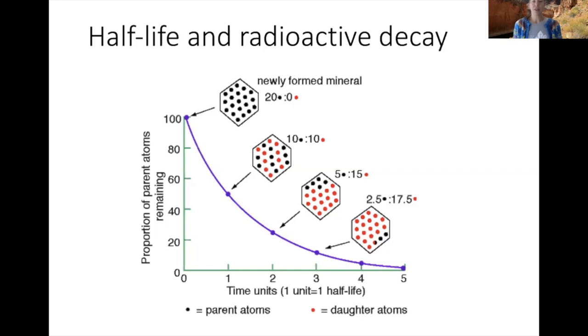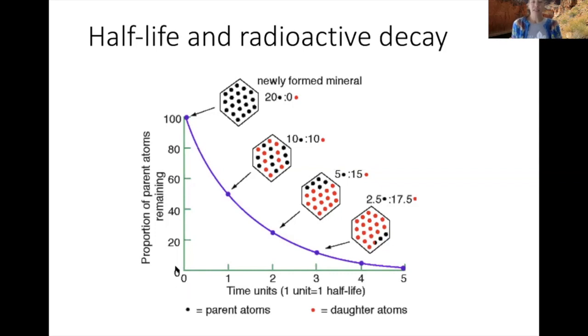So what we're looking at on this graph is a proportion of parent atoms remaining on the y-axis and time units on the x-axis. So a half-life is the amount of time it takes for half of the radioisotopes to decay into a new, more stable isotope.